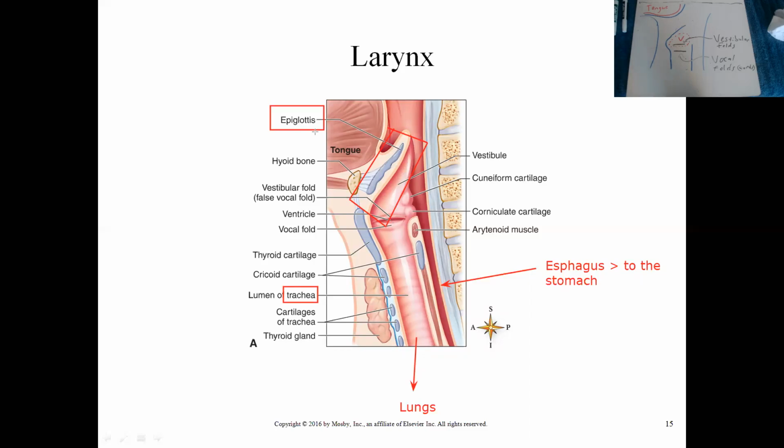But if you're eating or drinking something, we don't want food and drink to go into the larynx. We want it to go into the esophagus, which is in the back. So the epiglottis closes to prevent food and drink going into the larynx.